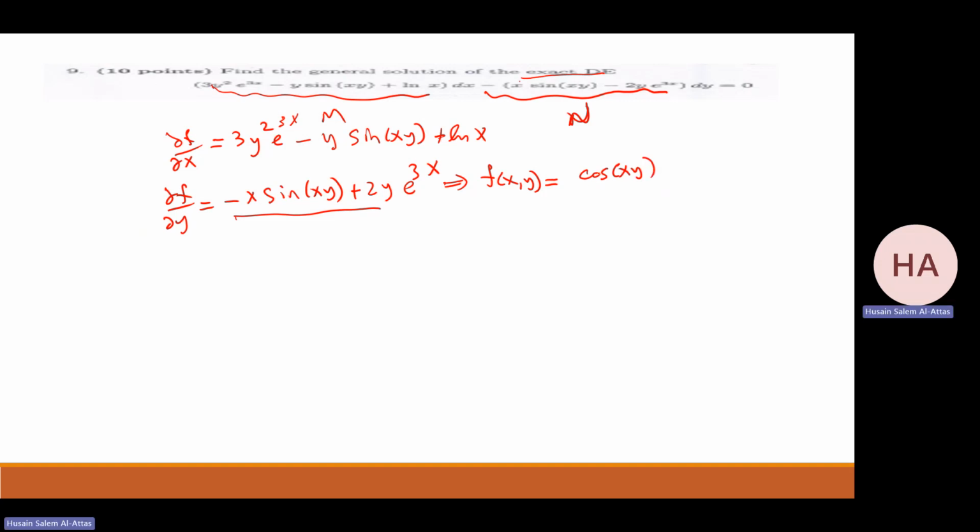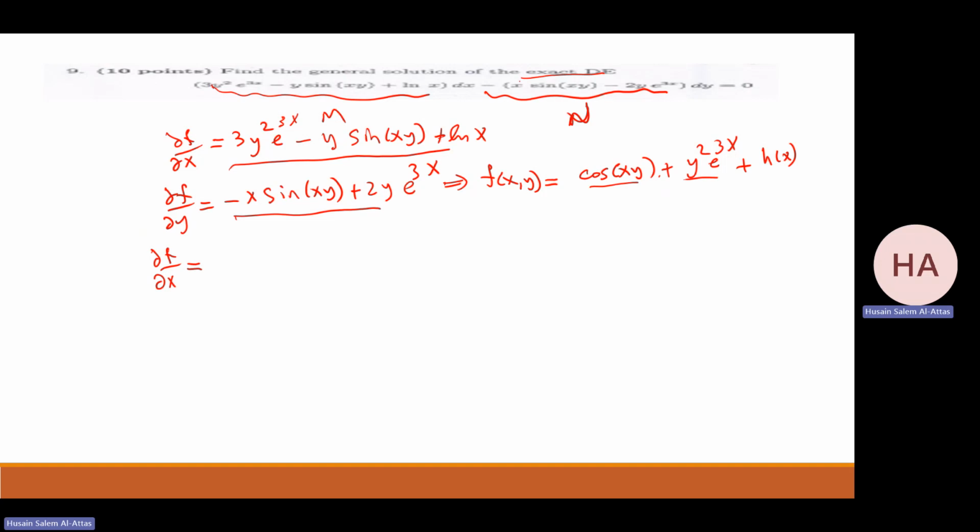Differentiated, then it will be minus sine xy, derivative with respect to y, which is x, which is correct. This one, y squared e^(3x) plus a function of x. Now partial f with respect to x will be what? I differentiate this with respect to x and equate it to this one to find h of x.